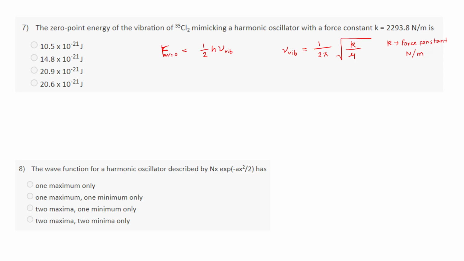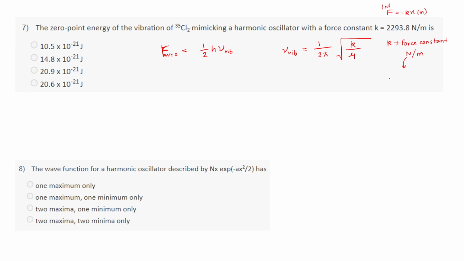And how else could you have got the unit? You know force is minus kx. Force unit is Newton and x is meter, so the unit for k would be Newton per meter. And what is Newton?